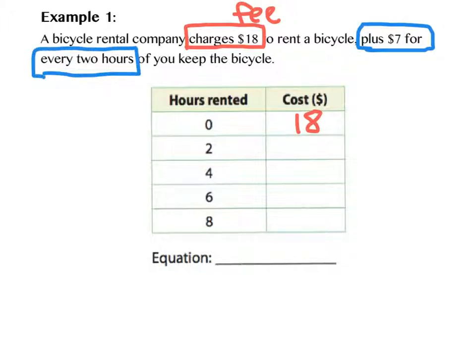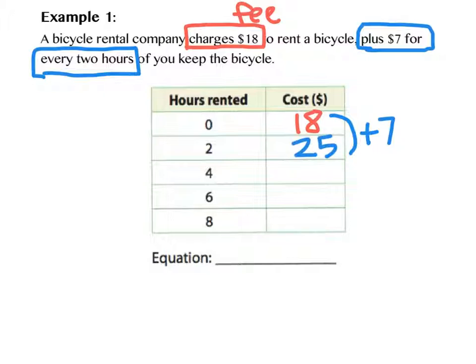And now I know for every group of 2 hours, I should just add $7 more to what I previously was charged. So when I go down from 18 to my next row in my table, I should just add 7. 18 plus 7 is 25.